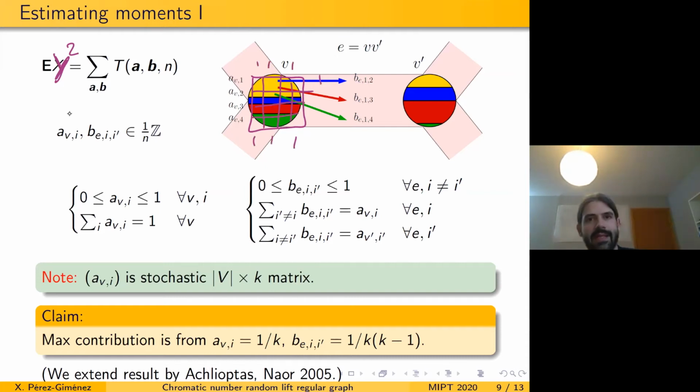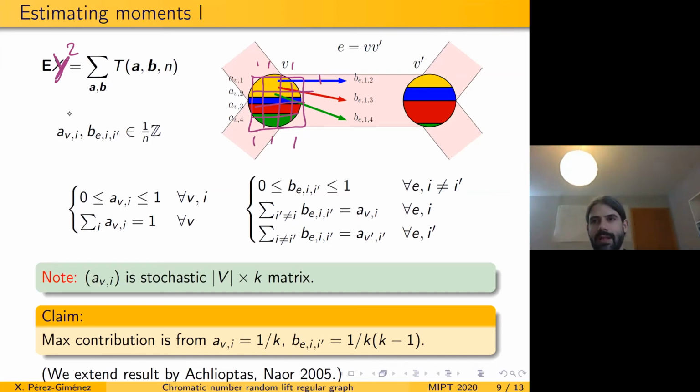It's still a lot more complicated because now you have many doubly stochastic matrices, but then there's an easy trick, well, not so easy, but easier than we thought, that allows us to reduce our second moment calculation to Ackley-Optas-Naor's.